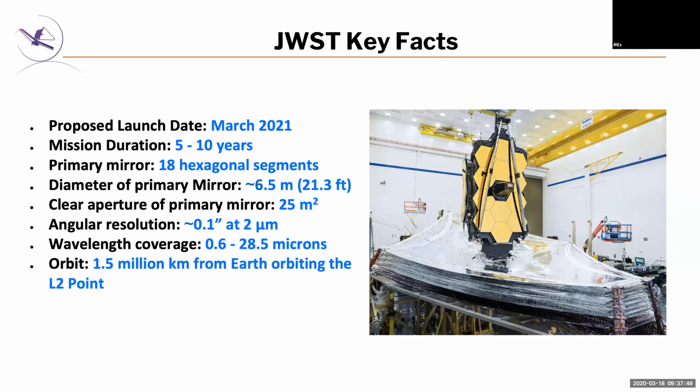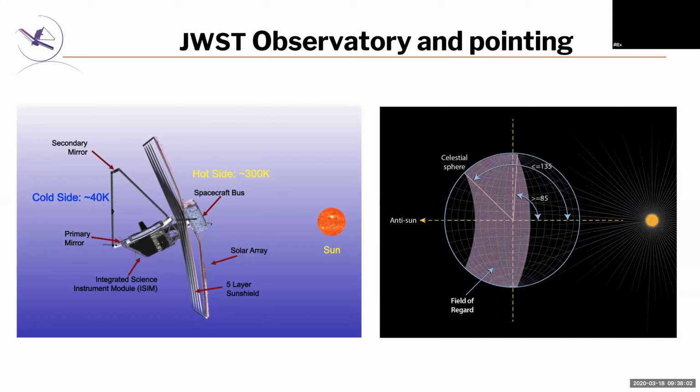So it has this big sun shield to keep the instruments cold on the night side and the electronics warm on the sun side. You see that all instruments will be cooled passively to 40 K. And the MIRI instrument, the mid-infrared, will have an additional cryocooler to cool it even further down.